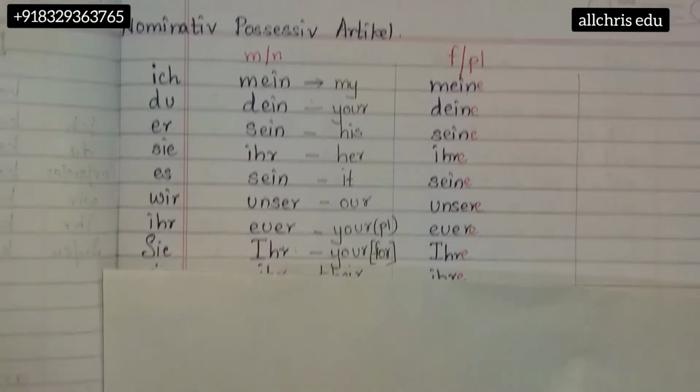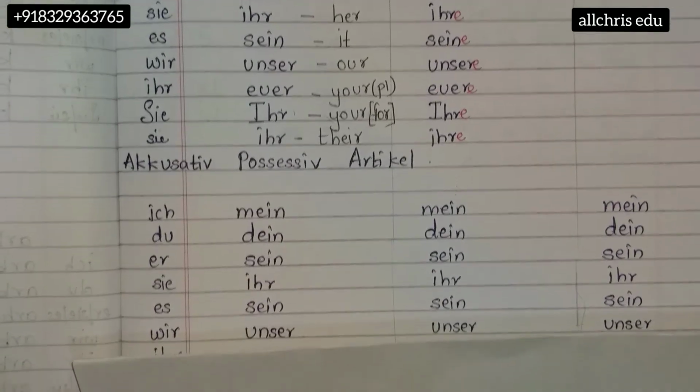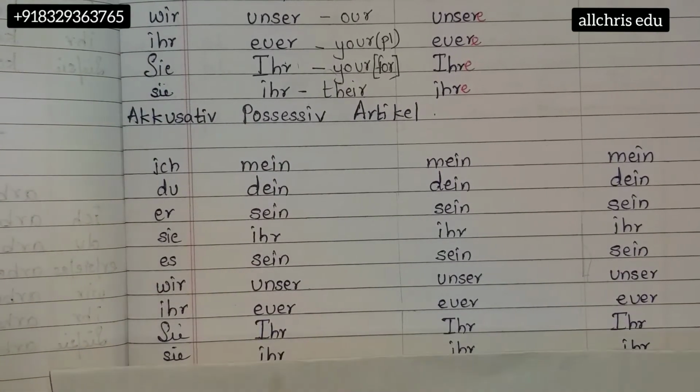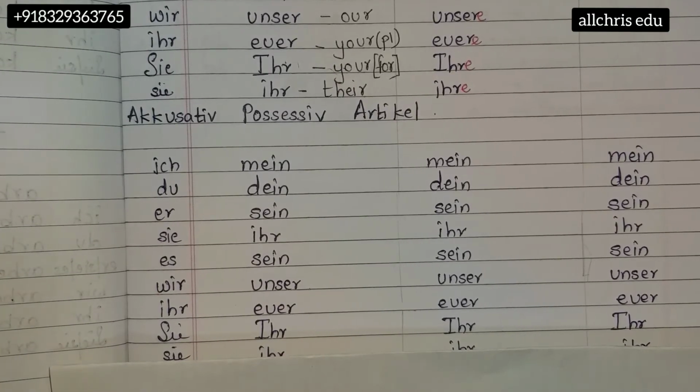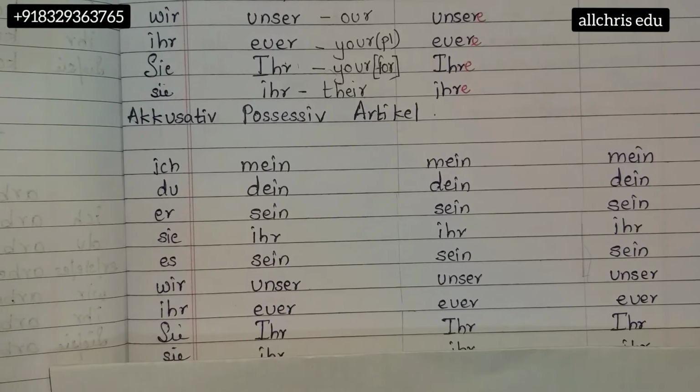Then comes your second chart of accusative possessive article. Yeah. If you see in accusative possessive article, again the root words are similar. So I told you, once you learnt it, then you can use it in every chart of possessive article. Yeah. So take an effort, learn the root word once, and then you're done.